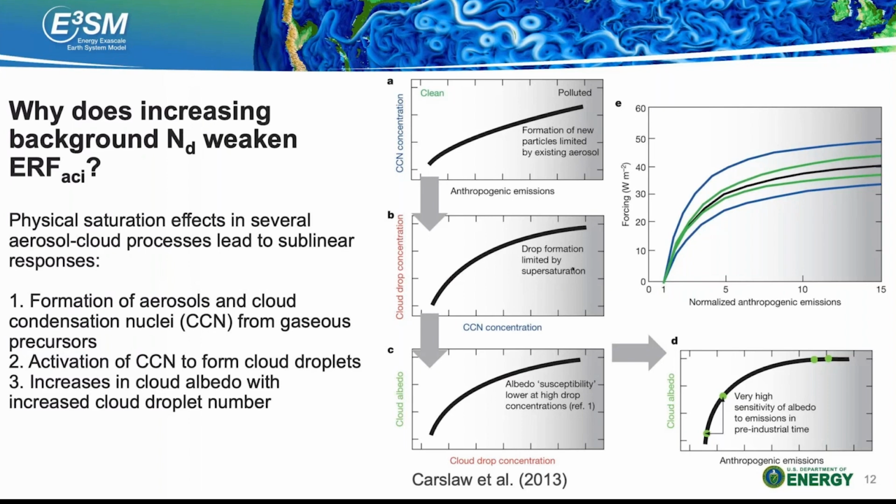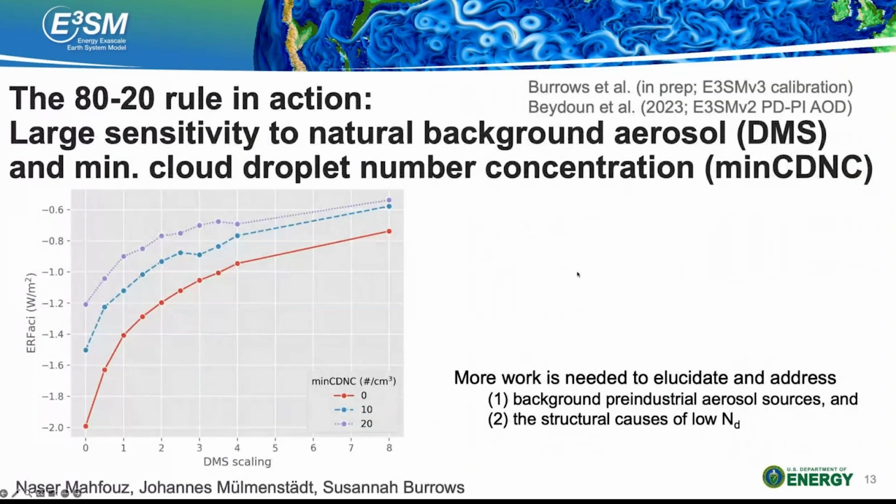So the bottom right panel is illustrating that very high sensitivity at low background as compared to much lower sensitivity at high background. And so this explains why the impacts of increasing background ND are so large.